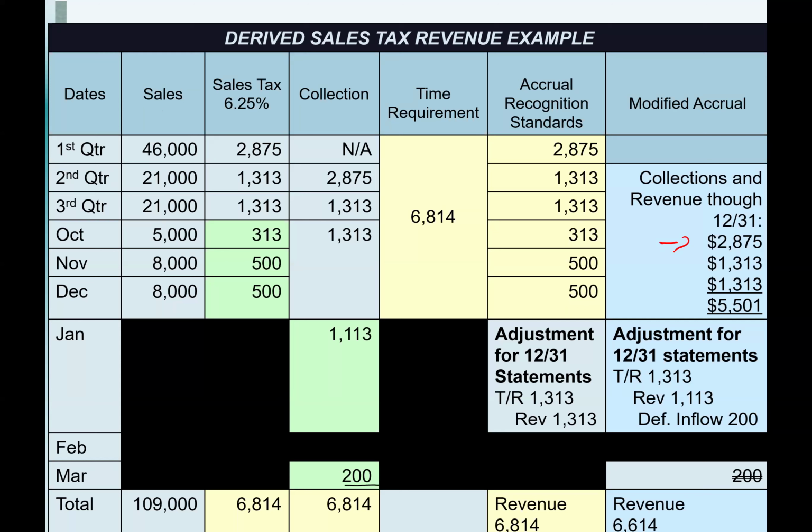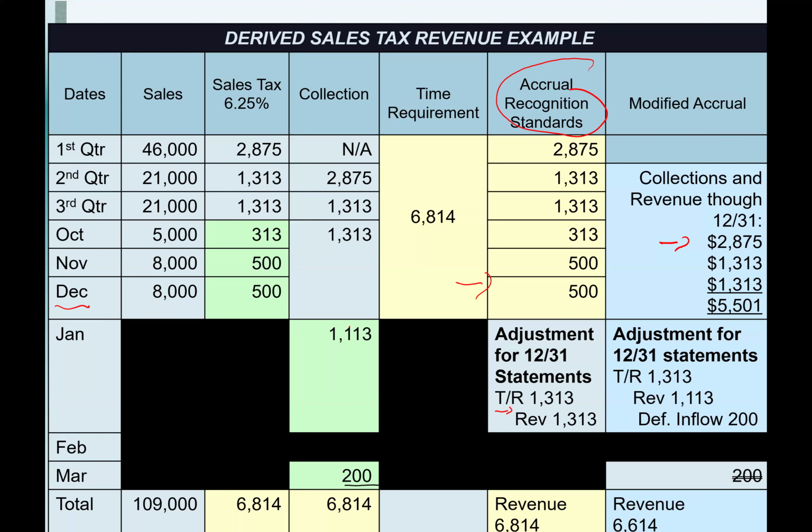And notice everything that happens in the calendar year, for accrual purposes, comes over and is going to be recognized as revenue. Now notice that at 12/31, we set up a taxes receivable of 1,313 and a revenue of 1,313.